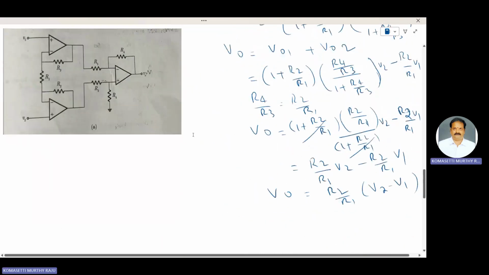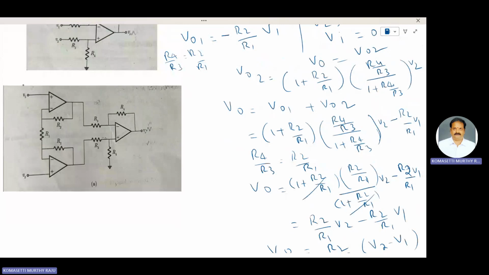Next one is the instrumentation amplifier. One is A1, A2, A3.